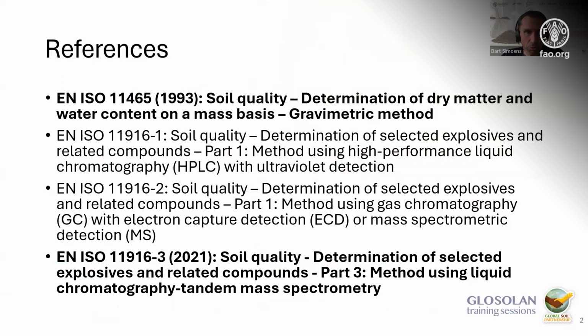And then the three others are specific for the detection of explosives. The one is for HPLC and an ultraviolet detection, which has quite high detection limits. A second one based on GC, but we mainly focused on the third one, which is liquid chromatography and MSMS as a detector, because the limits of detection are much lower than for the first one. But we will come back to that.